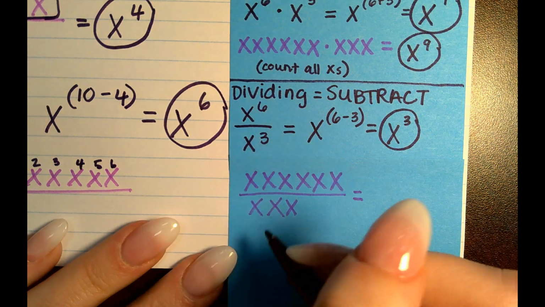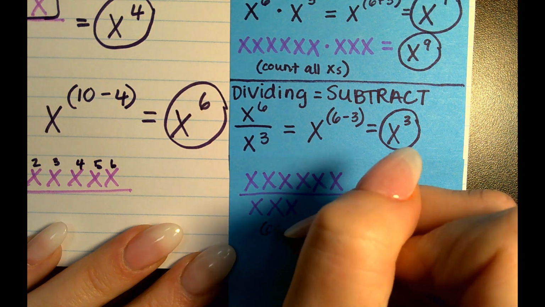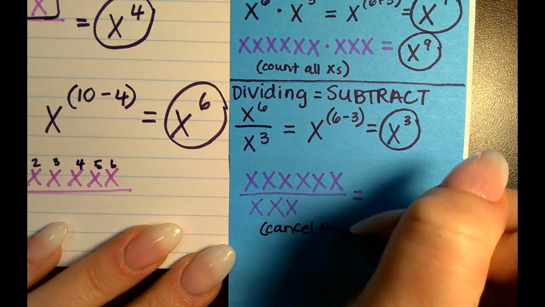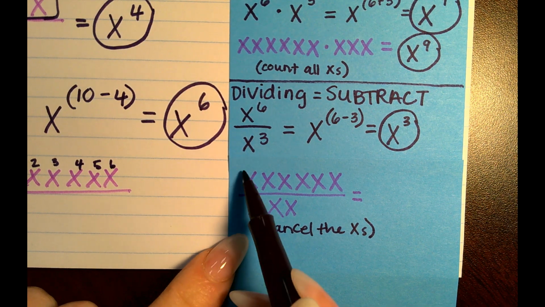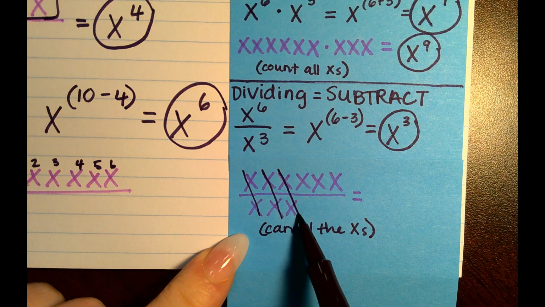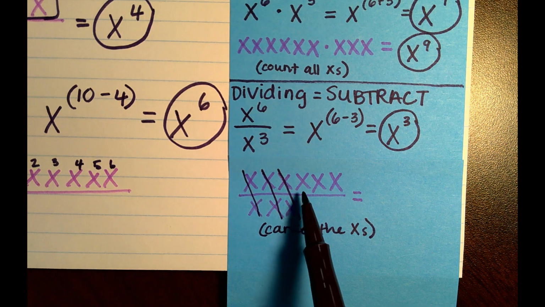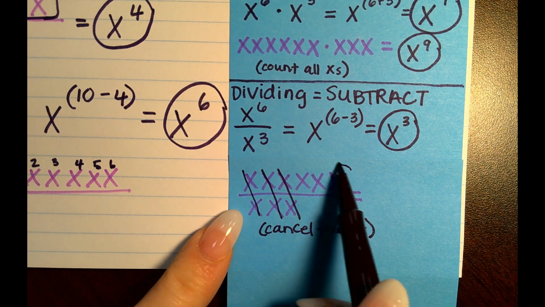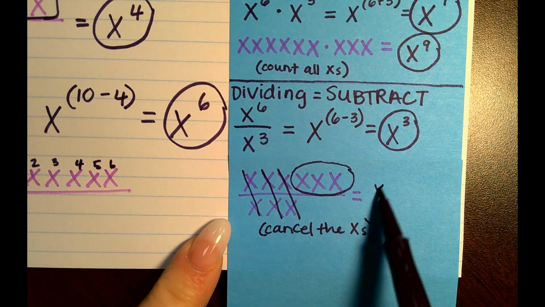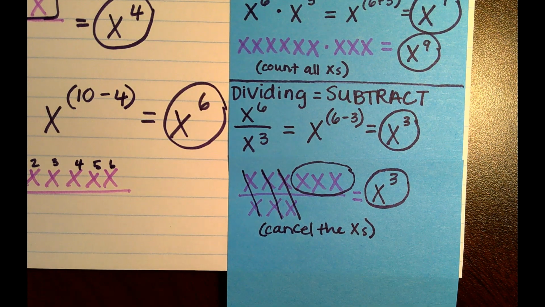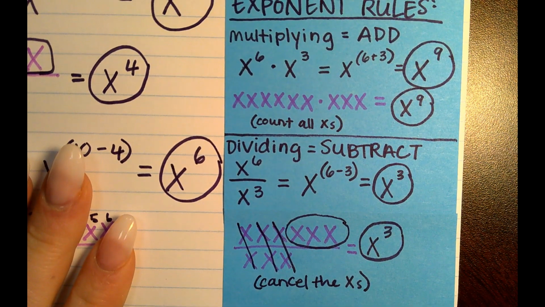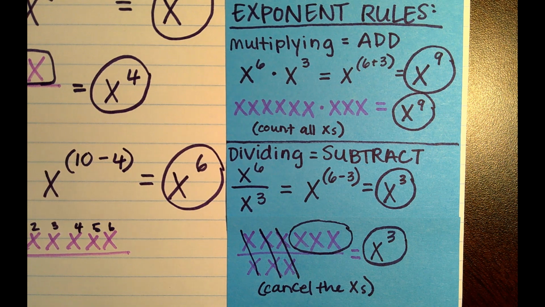So cross off x's that are on top and bottom. We can cancel 1, 2, 3 of them. And we're left with 3, which gives us x to the 3rd power. These are the two major exponent rules that we will be using whenever it comes to factoring.